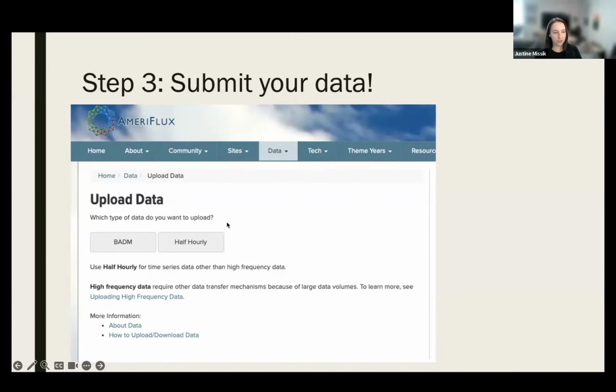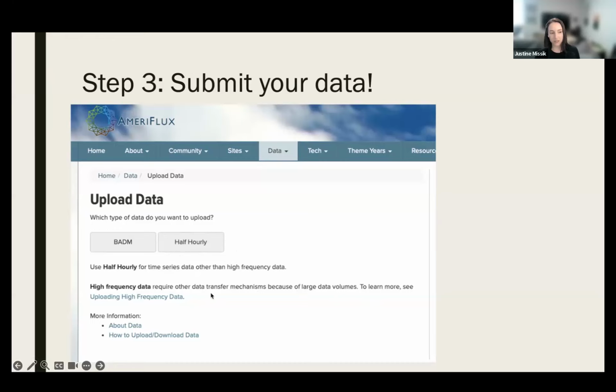When you upload your data, you need to upload both your half-hourly or hourly flux data, and also your BADM. The BADM data is ancillary information and metadata that gives information about different things about your site, different disturbance or management things that might have happened at the site, and also metadata around the data you're submitting.